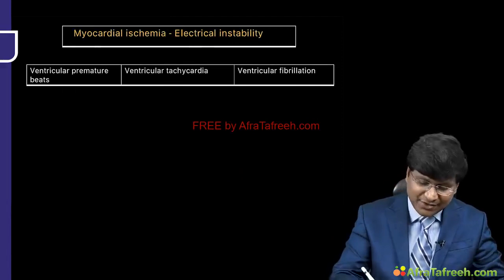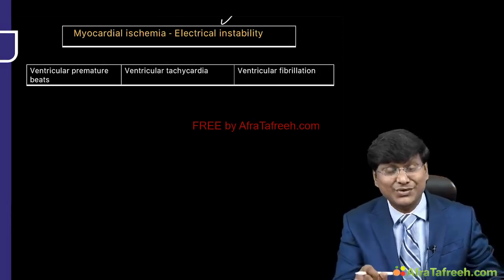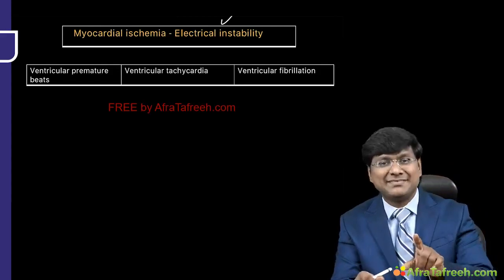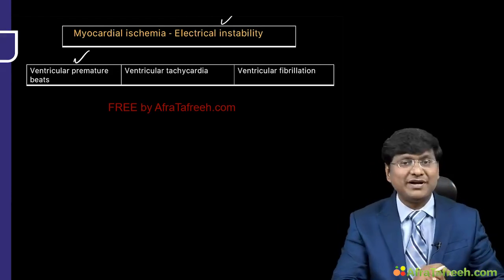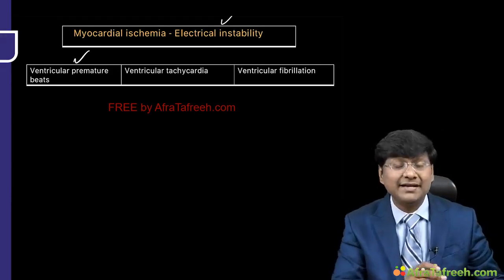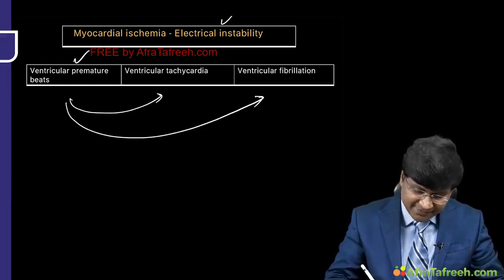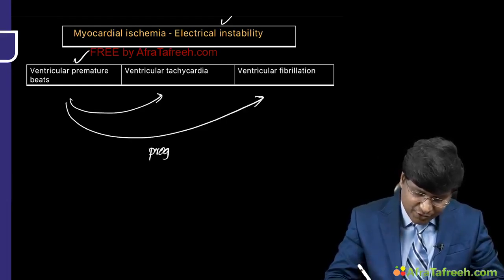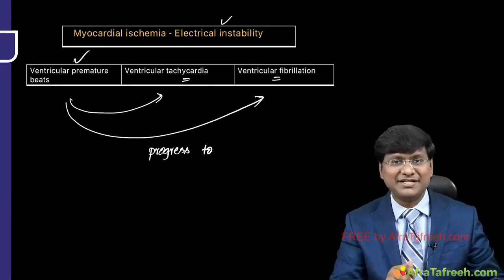Then I told you that electrical instability is there because of those leaky channels. That electrical instability is manifested as premature ventricular contractions. And these premature ventricular contractions can progress to ventricular tachycardia as well as ventricular fibrillation.